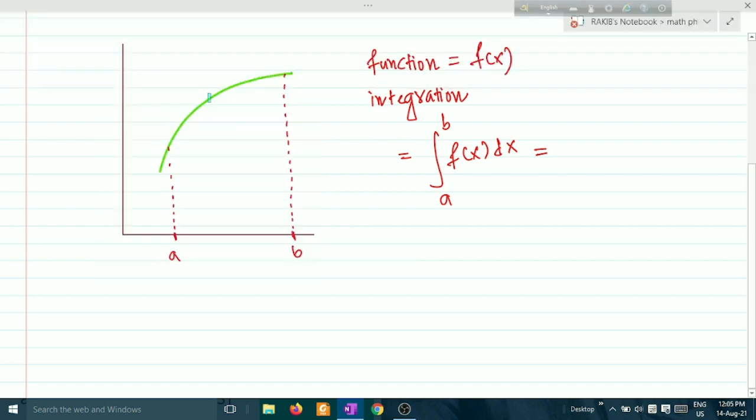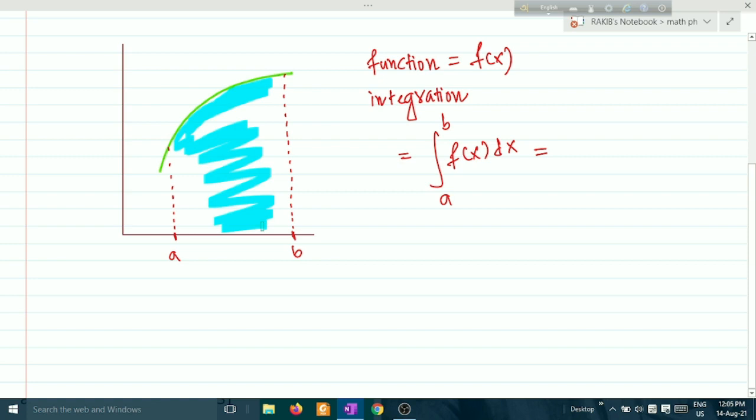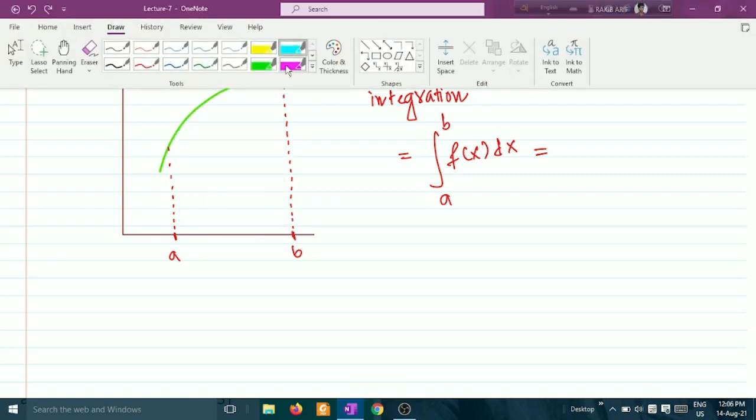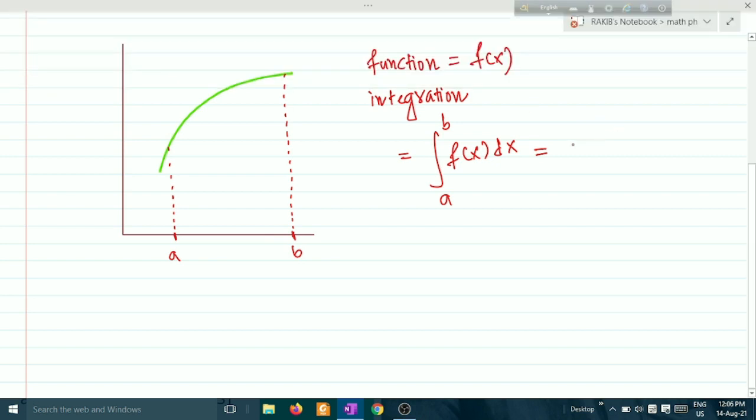That means this region. You have to calculate the area of this region. Therefore, I am writing here: area under the curve.